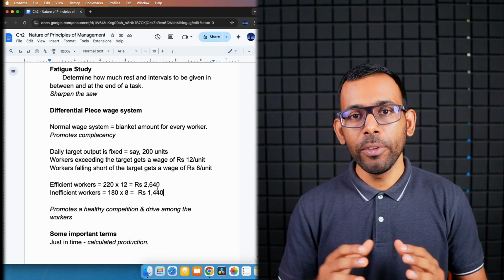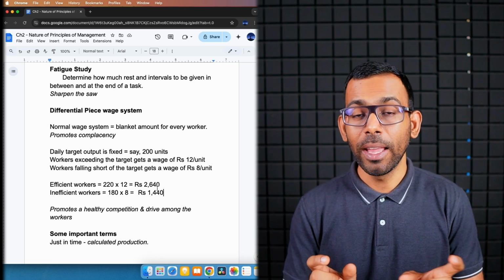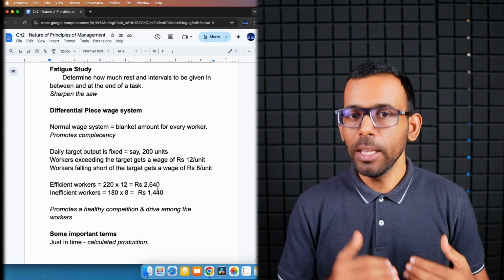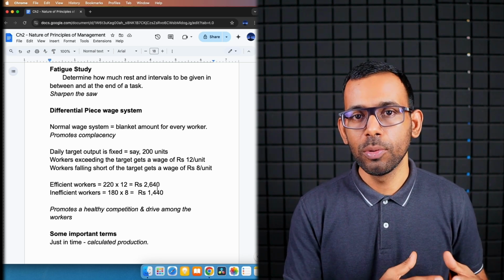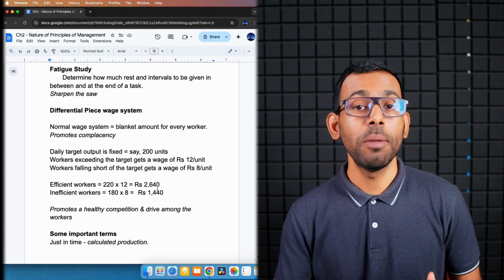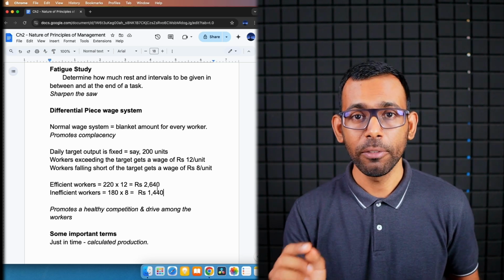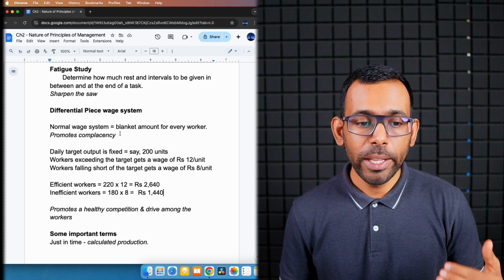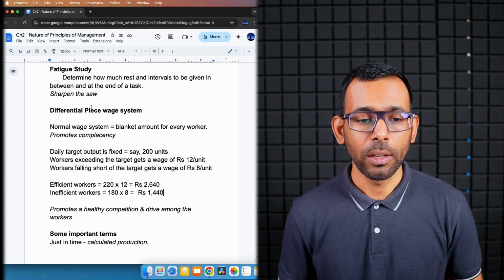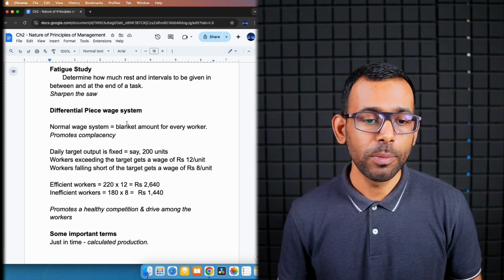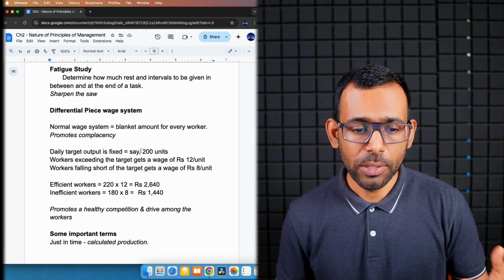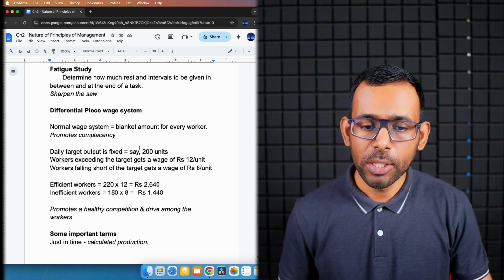So now every worker starts to have a healthy competition with each other, and if each and every worker starts to maximize their output, then imagine the cumulative effect that will have on the entire factory level. So that's what Taylor believes, and he also proved this fact by using this differential piece wage system. The outputs have phenomenally increased in whichever factory they have applied this concept.